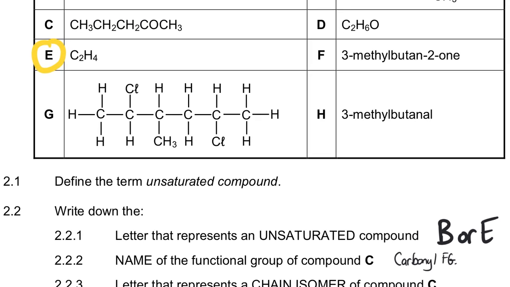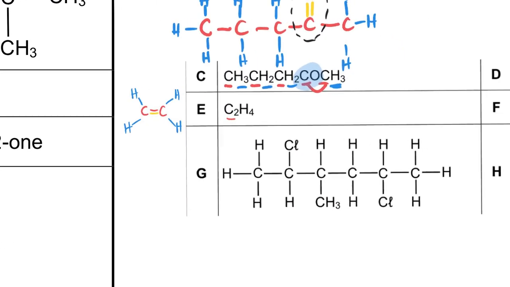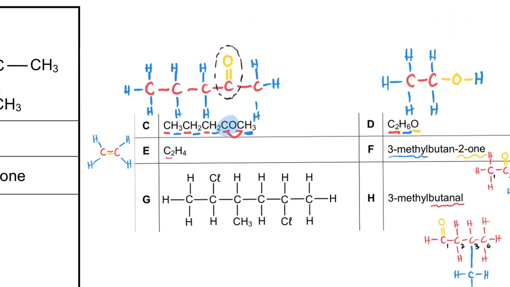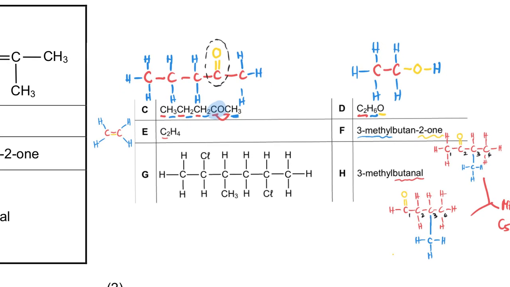The next question is the letter that represents a chain isomer of compound C. Now, if we look at compound C, which we've expanded, as you can see there, we're looking for a chain isomer of compound C. In compound C we've got 1, 2, 3, 4, 5, so 5 carbons, and we have a carbonyl group.